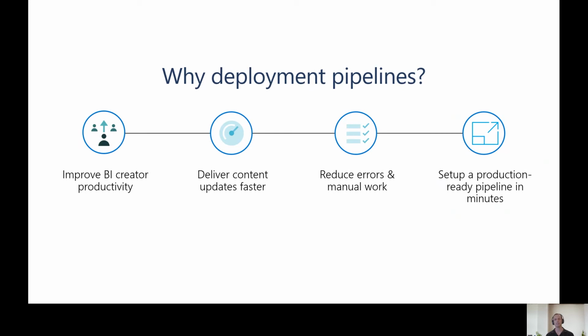They'll be able to deliver updates and meet user requirements faster while not compromising on the quality of content. Reducing manual work will reduce the errors that come along with it. And lastly, it's very easy to get started with pipelines. No technical skills or experience required, and you have a full production-ready pipeline in minutes.